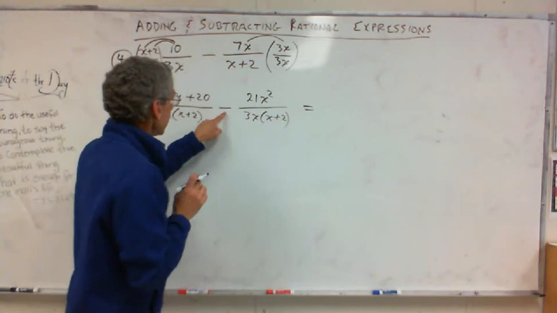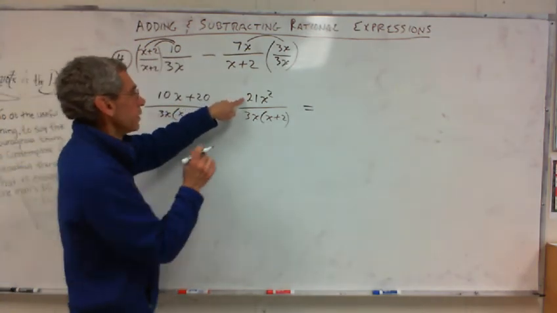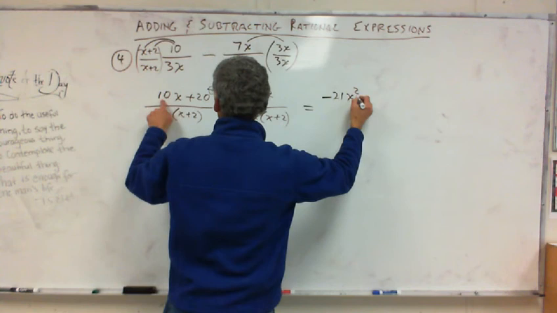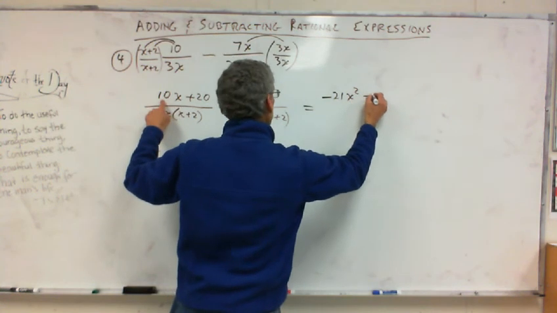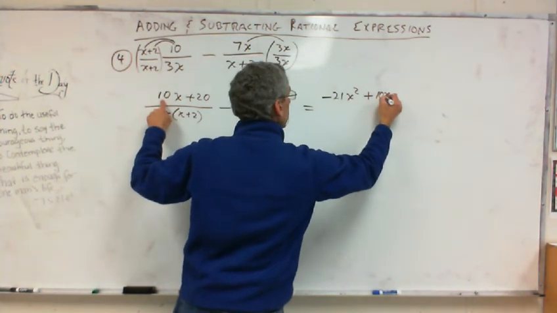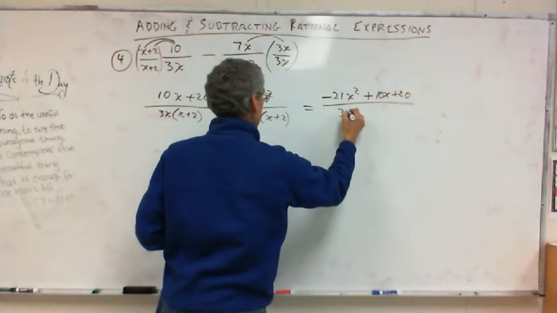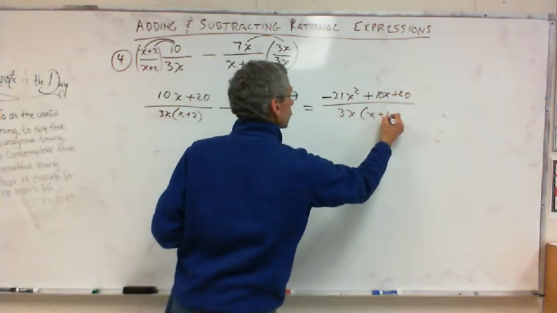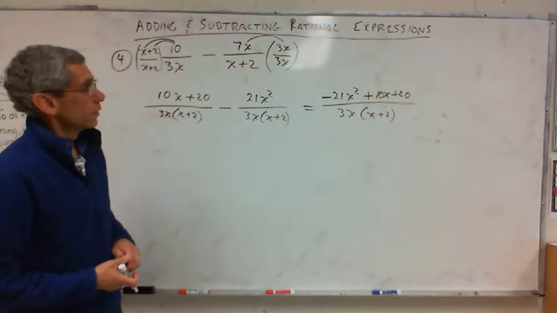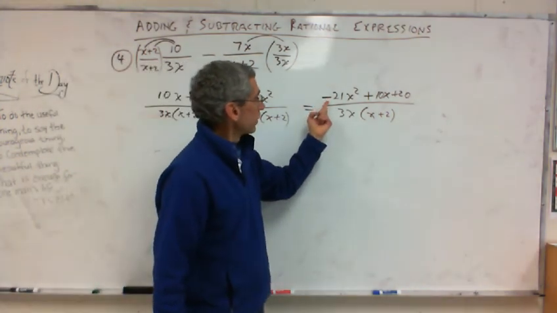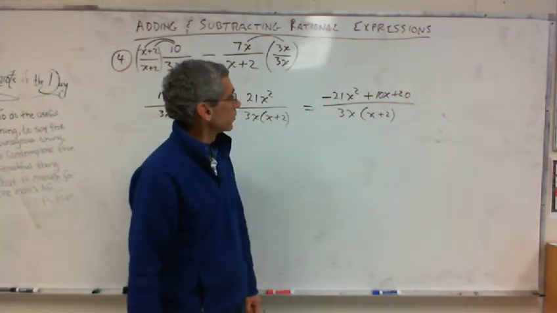So I've got this minus means it's negative 21x squared plus 10x plus 20 all over 3x times x plus 2. Now, there's a chance I could factor this, but it looks like a pretty slim chance, right?